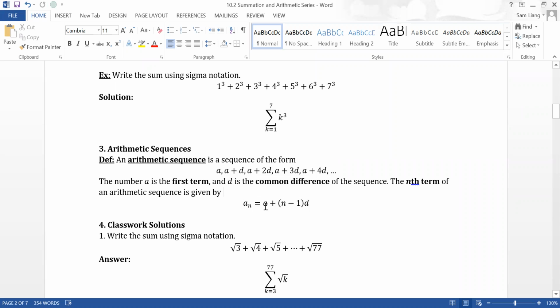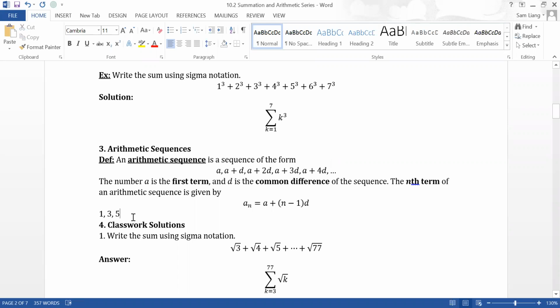Let's say we have the arithmetic sequence 1, 3, 5. Keep it simple. A sub 2 here, the second term, is 3. So a sub 2 is equal to 1 plus 1 times 2. We just added one of the 2's to get to 3. And for 5, we added 2 of the 2's. This is a sub 3, so we do 3 minus 1.